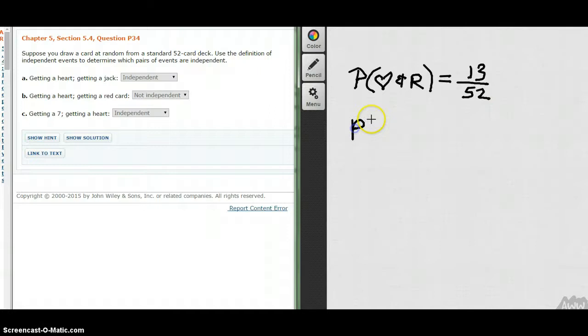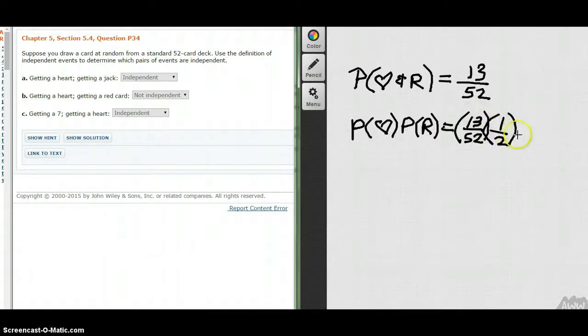Now if we look at the probability of heart times the probability of red, we've already calculated the probability of heart would be 13/52. And the probability of getting red is, we could write 26/52. 26 of the 52 cards are red, or we just know 1/2. 1/2 are red, 1/2 are black.